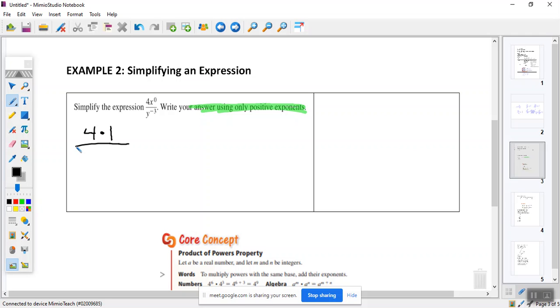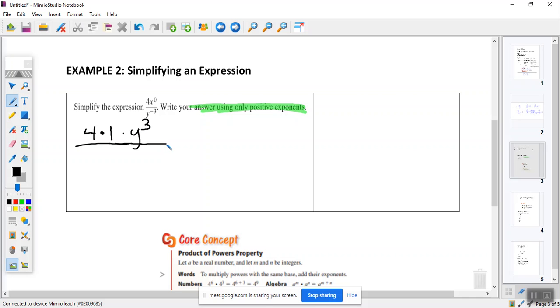So if you ever have negative exponents here, kids, well, I don't want this to be negative, so I could make this positive, but I'm going to have to move it to which side of the fraction bar, kids? Top. Okay? So I've got to move that y to the negative third to the top, where it would become y to the third. Okay? Is anything left in the bottom? Absolutely not.